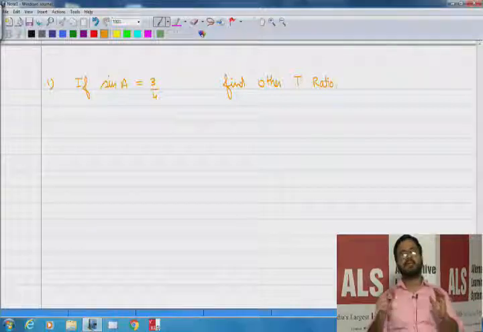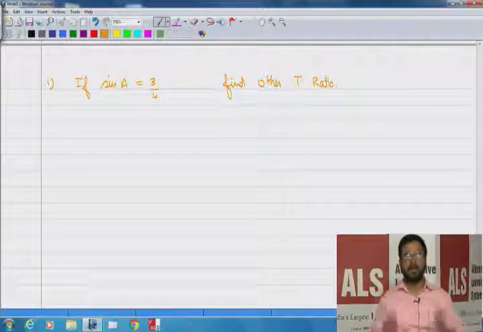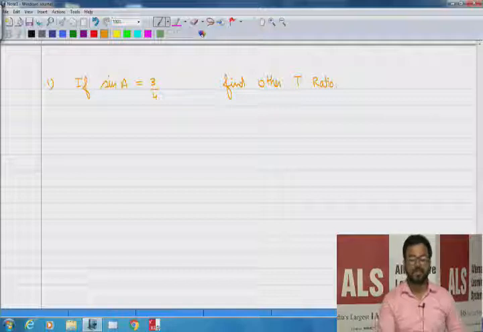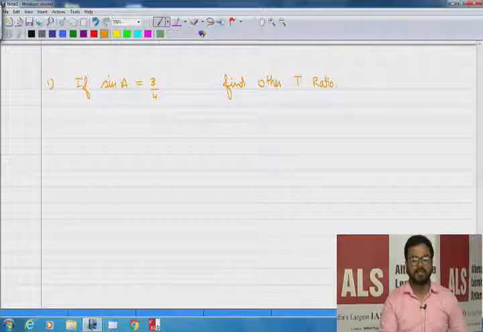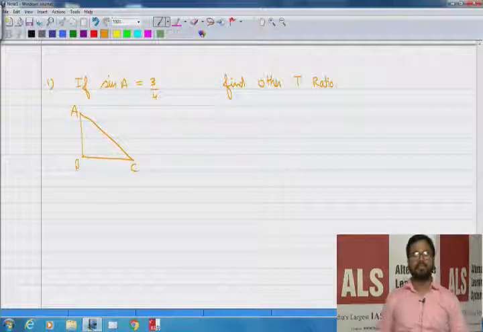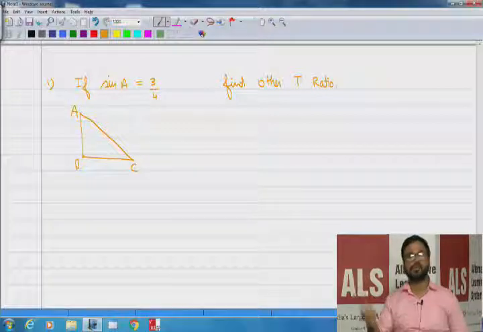It says sine of angle A in a triangle ABC. So sine of angle A is 3 by 4. Let me draw the diagram also. This is the triangle, and sine of A is 3 by 4. So you have to find the other 5 remaining trigonometric ratios.